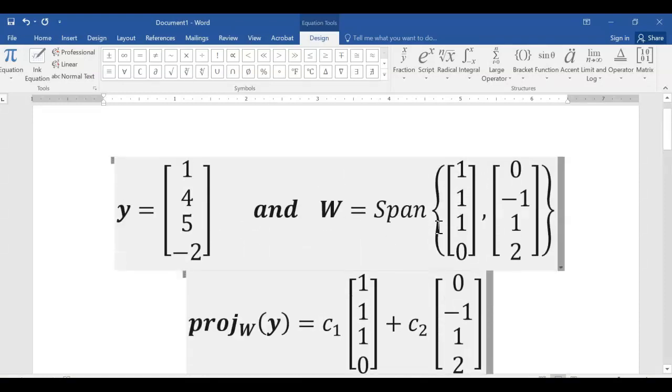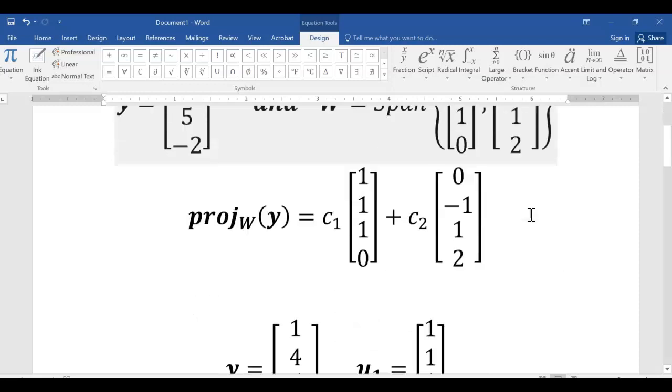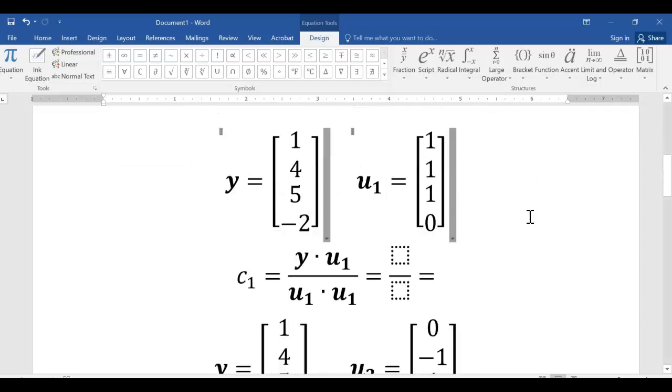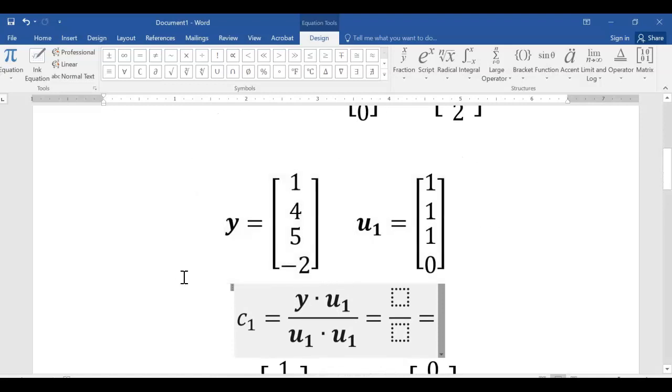Our projection is going to be a linear combination of these two basis elements, and the coefficients are going to come from doing inner product of y with u1 and y with u2, and then dividing by u1.u1, and in this case u2.u2. So let's start with the coefficient on u1.